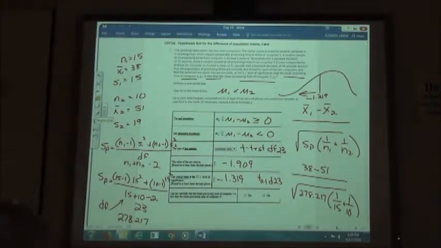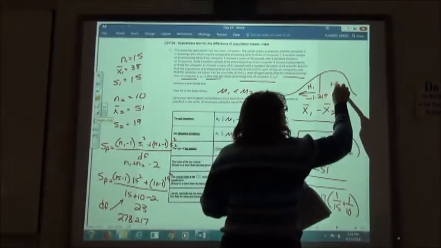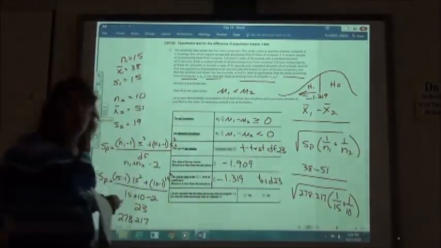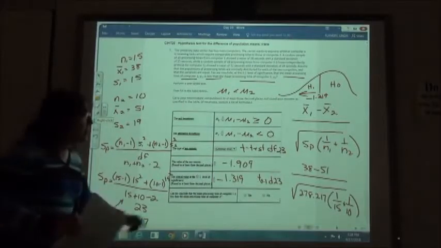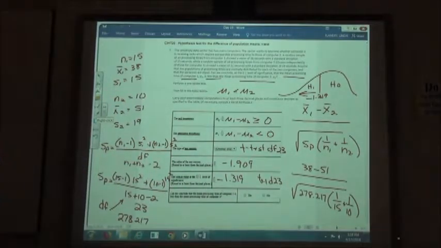So again, this section with the less than is our alternative hypothesis. The other side would be our null hypothesis. We're trying to figure out in which side does negative 1.909 fall. Is it on the left or is it on the right of that critical value?